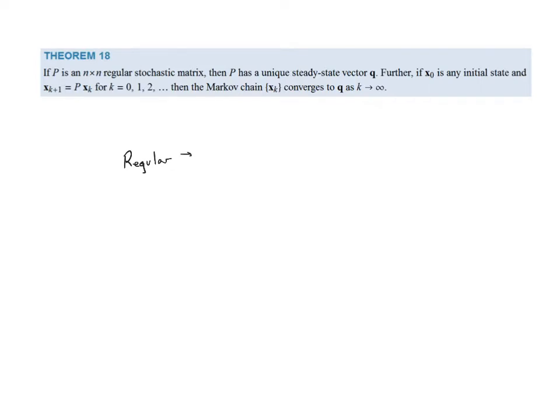A stochastic matrix is regular if for some matrix power P to the K, if some matrix power P to the K contains only strictly positive entries. So only strictly positive entries.